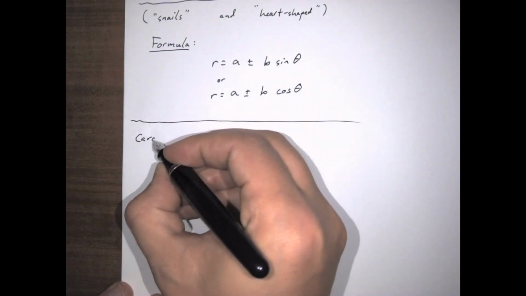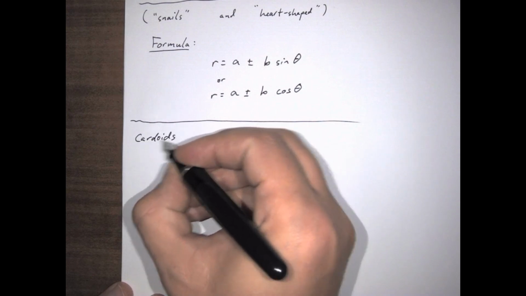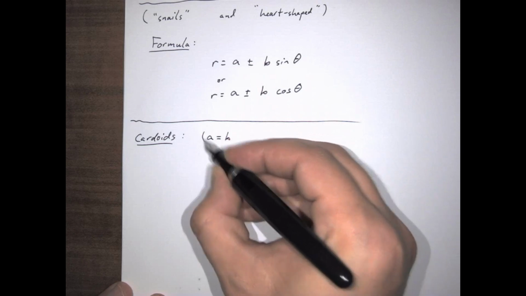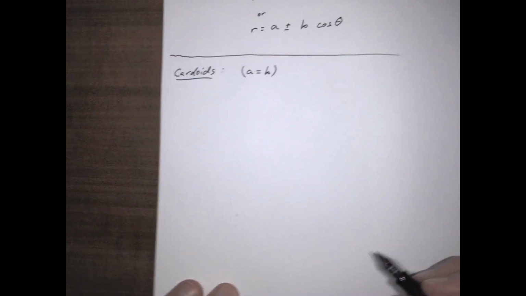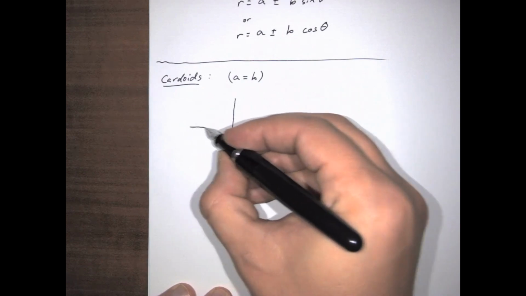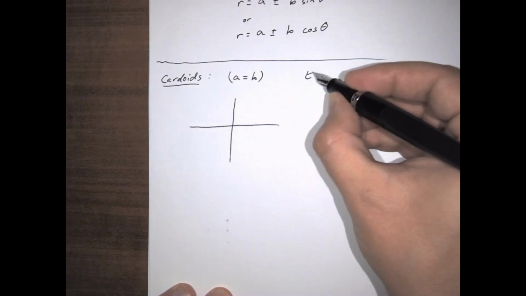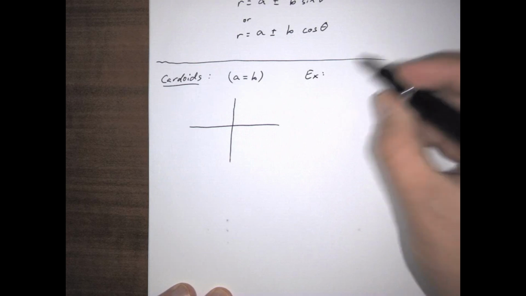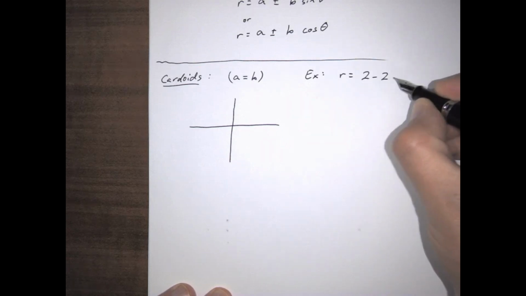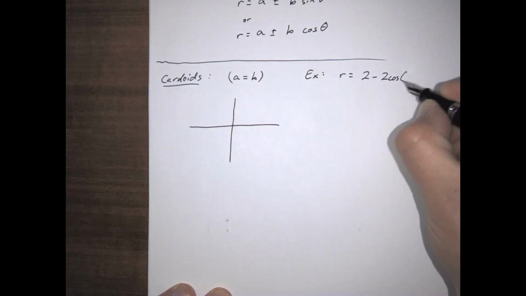So first off, cardioids. This is when a equals b. So let's just have, for example, r equals 2 minus 2 cosine theta.